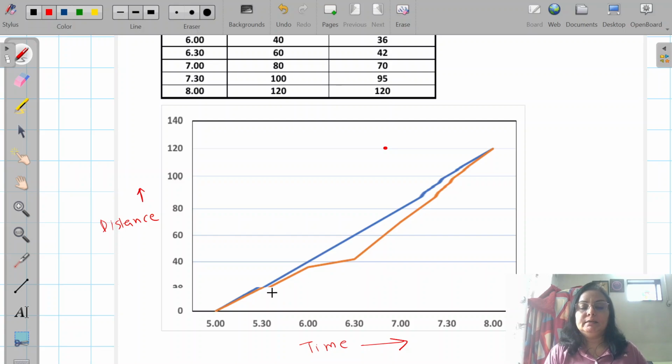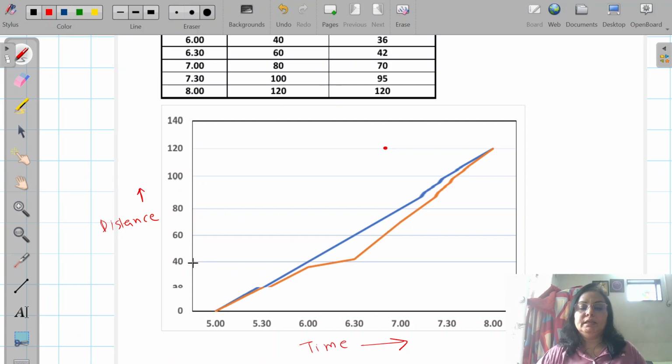So, we see that between 6 o'clock and 6:30, Amar travels with a straight slope, that is, he covers equal distances in equal intervals of time.